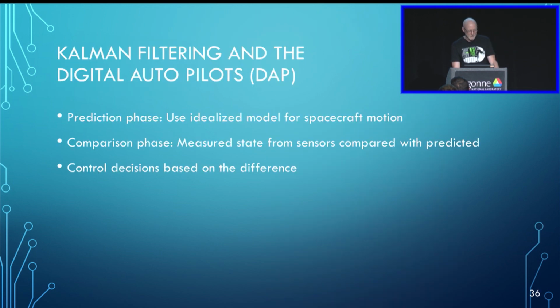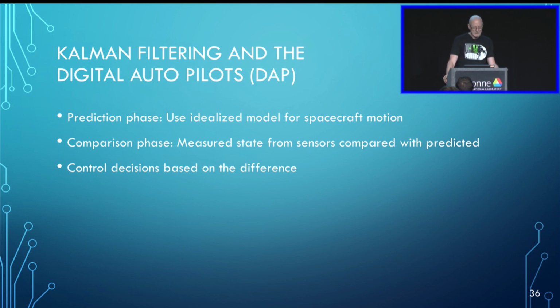But bottom line, they basically needed to develop one piece of software that could provide the digital autopilot for all those different configurations. Performance portability challenge. They ultimately used a technique called Kalman filtering, which I won't be able to get into the details of.